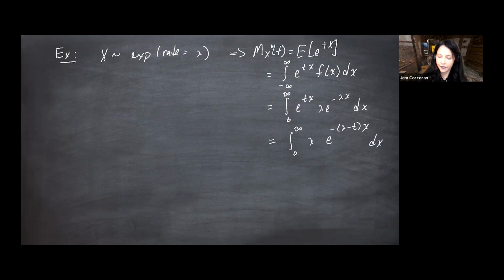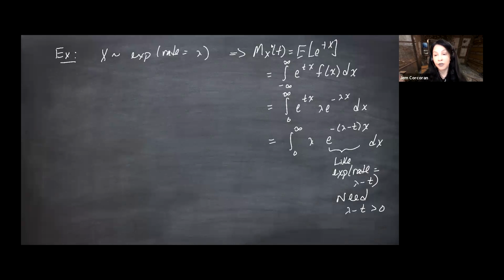So this is kind of like an exponential with rate lambda minus t, and we need lambda minus t greater than 0 either way, whether we're integrating by thinking of it as an exponential, or just doing this integral and not even thinking about PDFs.